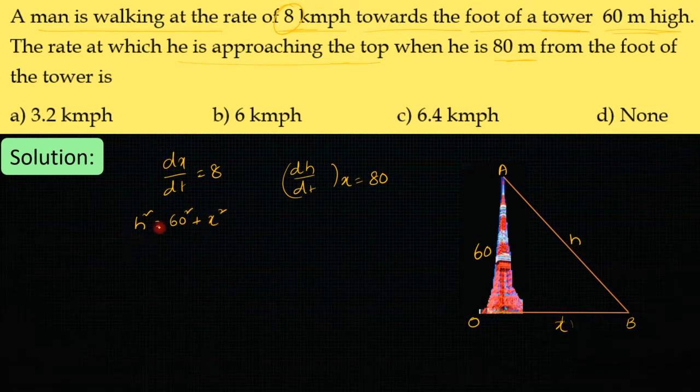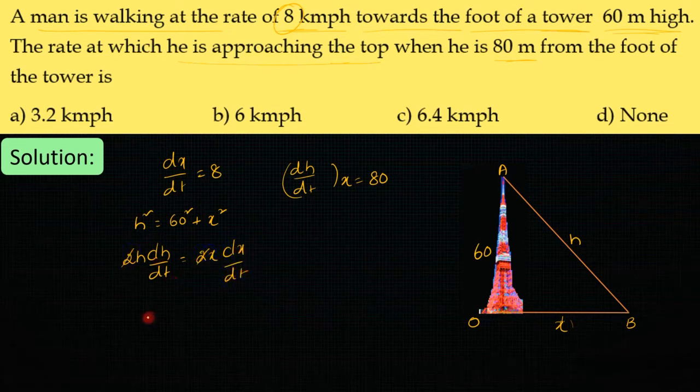Now differentiating with respect to t on both sides, we get 2h into dh by dt is equal to, here 60 square is a constant, so differentiation is 0. Differentiation of x square with respect to t is 2x into dx by dt.